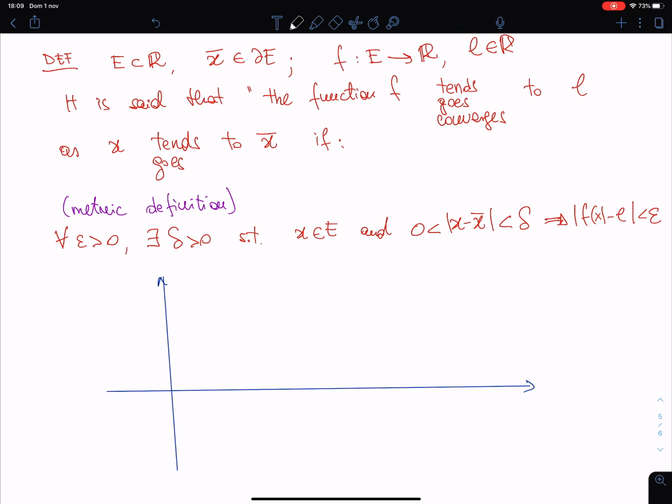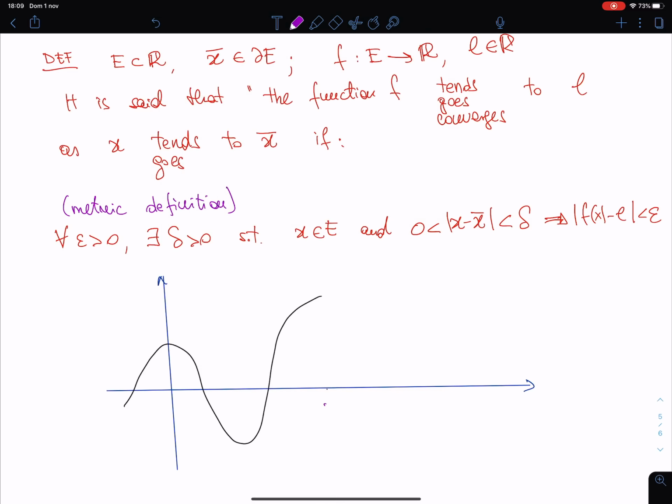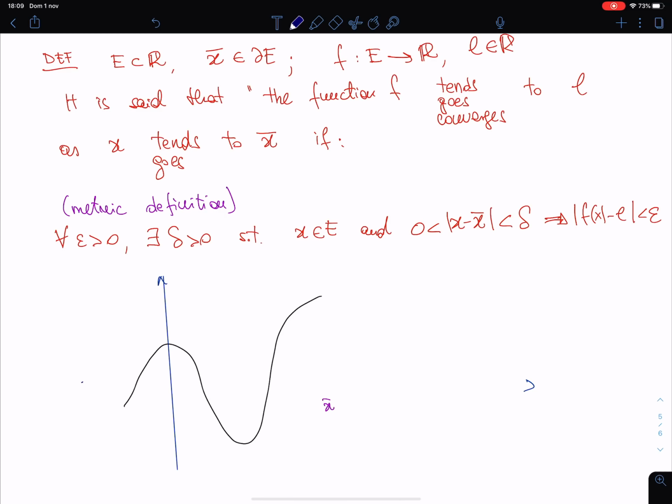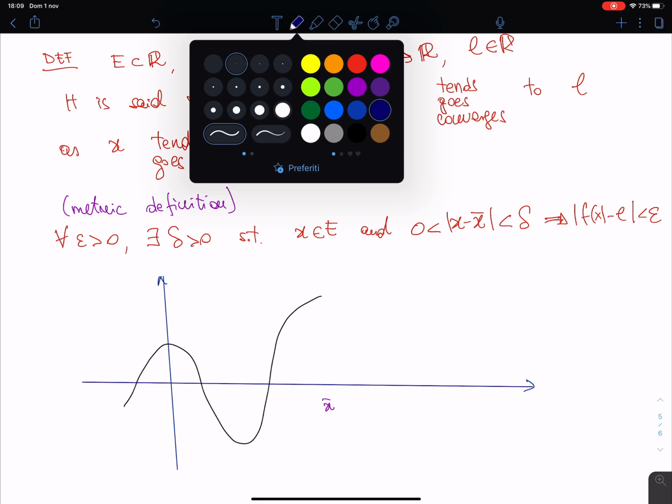So here we have this function, and suppose that this is x bar here. Here there is x bar.